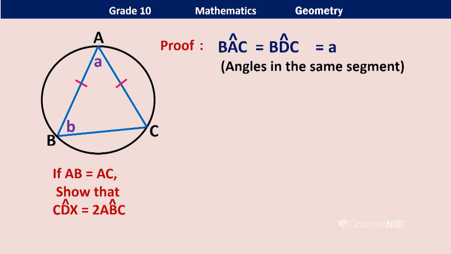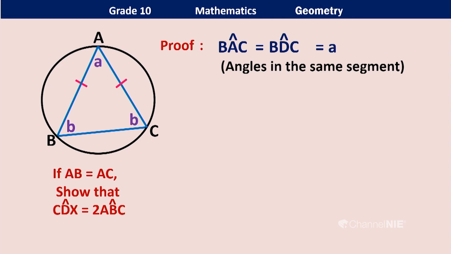Therefore, if I name the angle ABC as simple B, I have to name the angle ACB also as simple B. The reason is we know that in an isosceles triangle there are two equal angles.